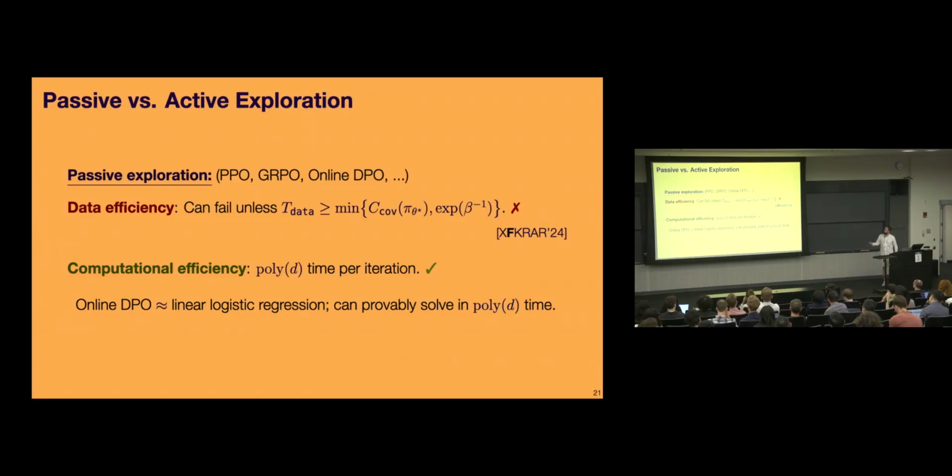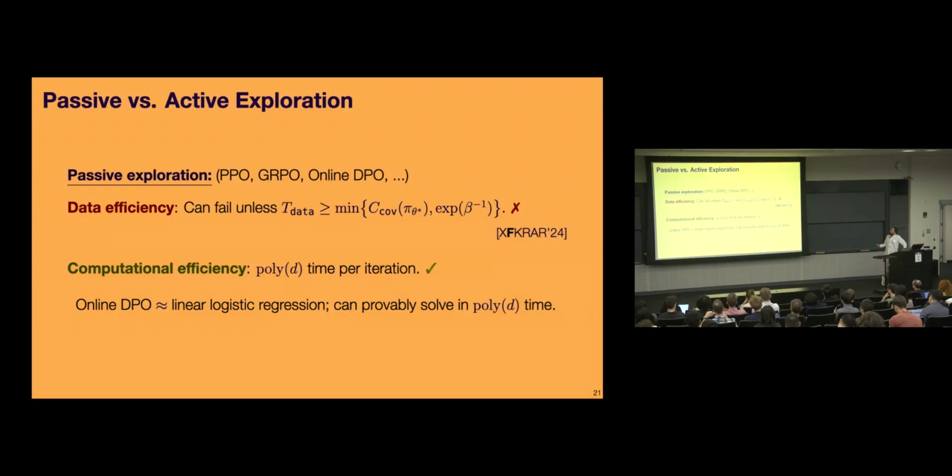Intuitively, this means you either need good coverage or you need a trivially huge amount of regularization, so you're staying very, very, very close to the base model. And this just reflects the fact that these are passive algorithms. They don't have an explicit mechanism to incentivize exploration, right? So the data efficiency is not great here.